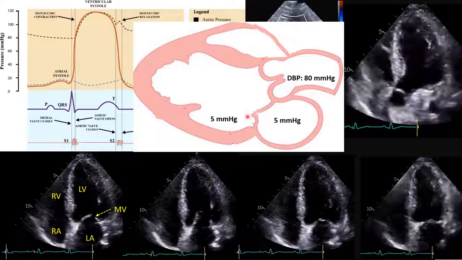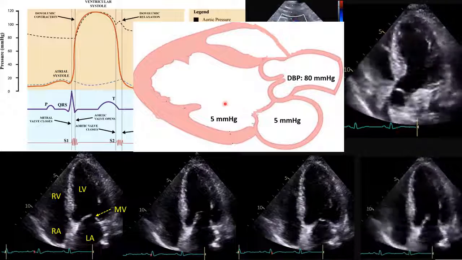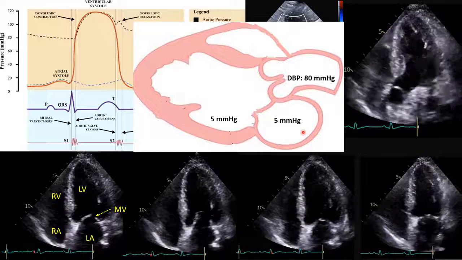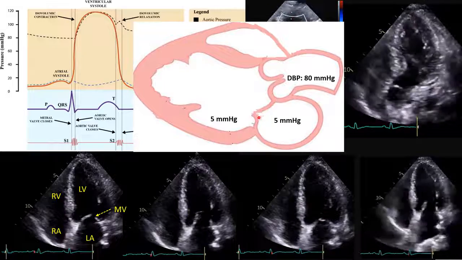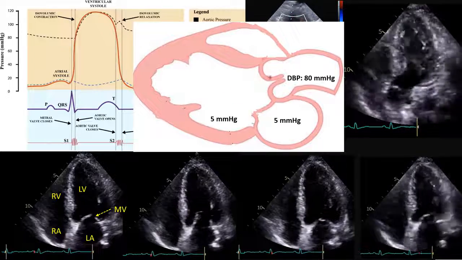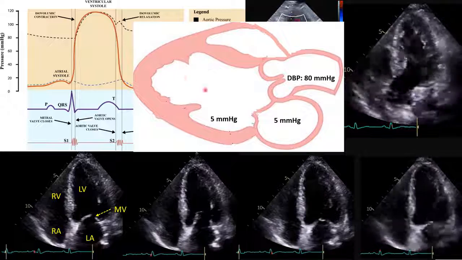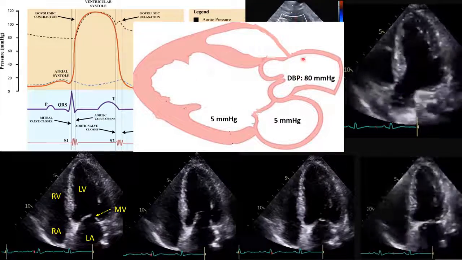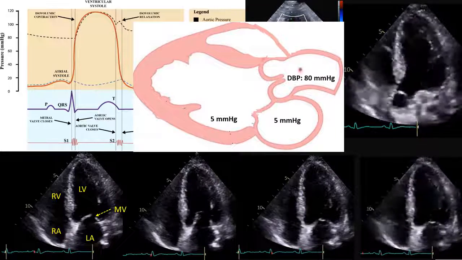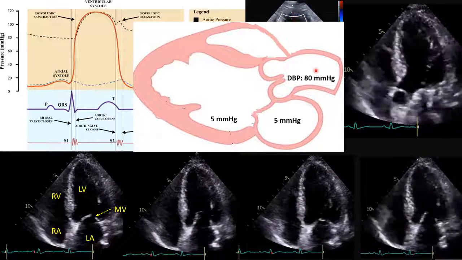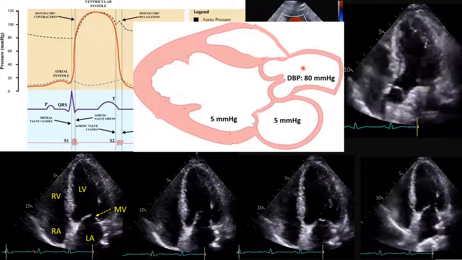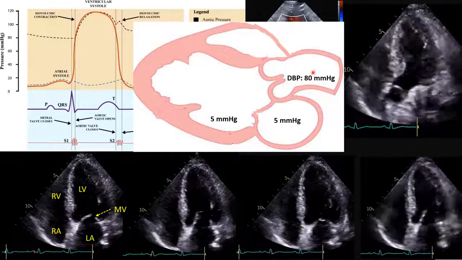sound. When this pressure increases, for example to 6, the blood doesn't go to the left atrium if we don't have mitral regurgitation. So the blood has two ways, to go to this side and the other to the aorta. But as we know, the pressure inside the aorta is equal to the diastolic blood pressure, and on average we get it around 80 millimeters of mercury.